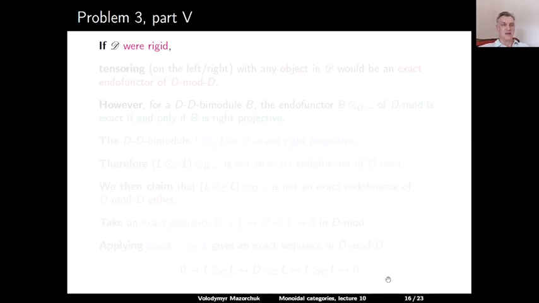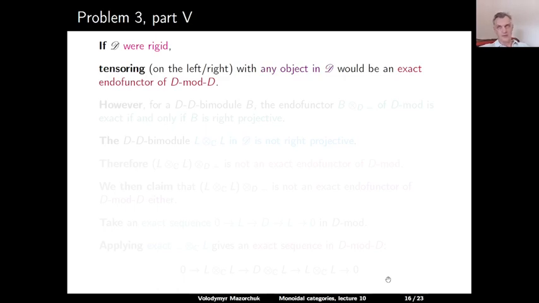Great. Let us now discuss rigidity of Carly D. If Carly D were rigid, then tensoring on the left or on the right with any object of Carly D would be an exact endofunctor of the category of all D D bimodules.